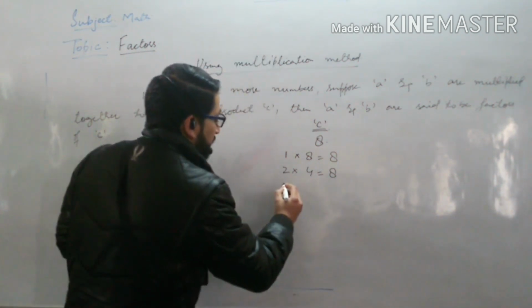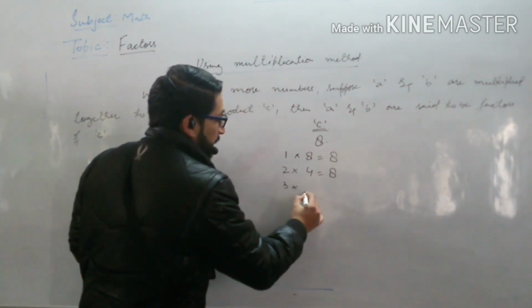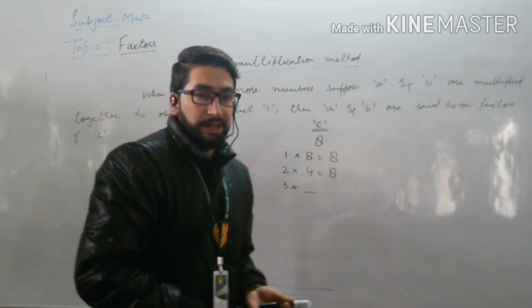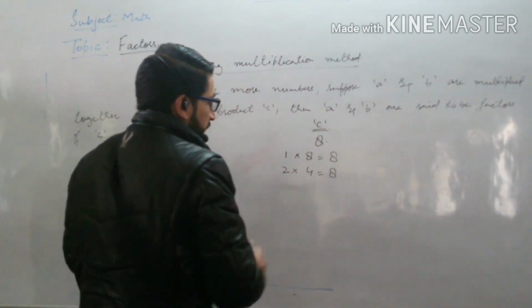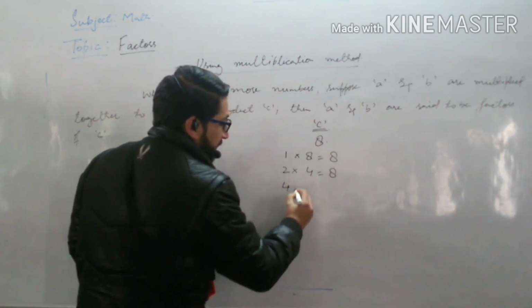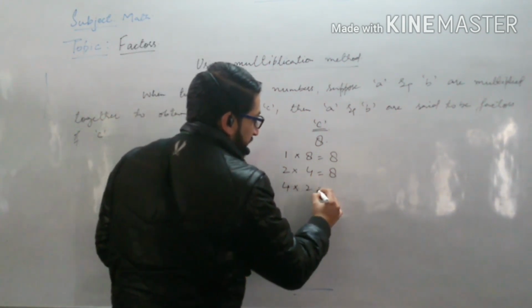Multiplying 3 with any number, we can't obtain 8, so we can't write 3 here. Instead, we go to the next number, that is 4 multiplied by 2, that is 8.